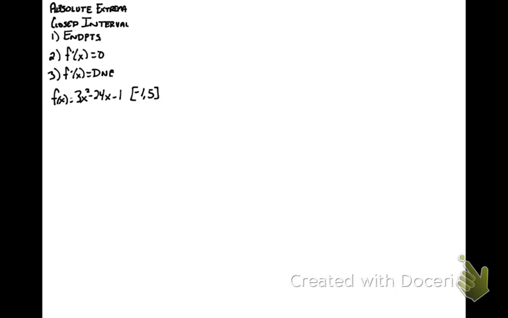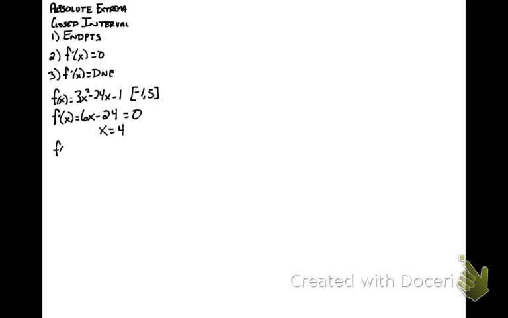We have our endpoints. Let's consider the derivative. The derivative of our function is 6x minus 24, and this will equal 0 when x equals 4. And the derivative always exists. So there are three possible places for absolute minimums and maximums.